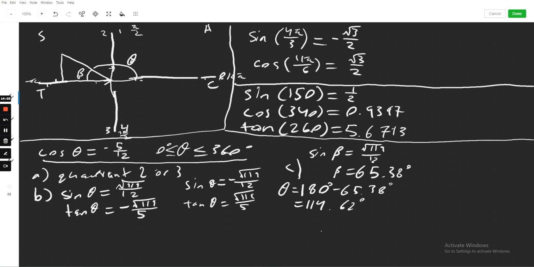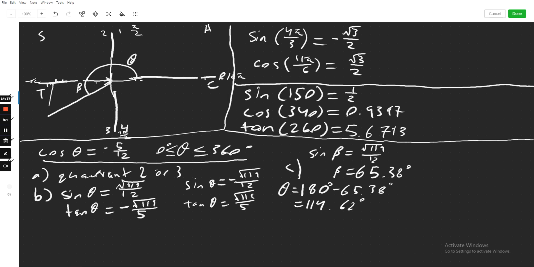And then let's just say that it was in the third quadrant. If the terminal arm were in the third quadrant, we'd have theta all the way down here. The whole thing is theta, but this little part will be beta after the 180 point.